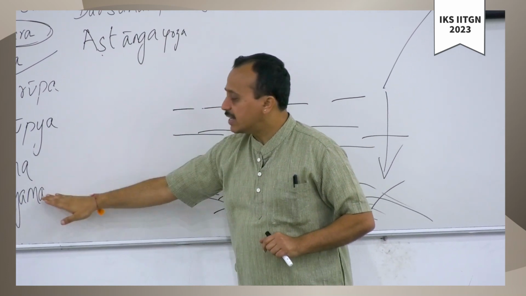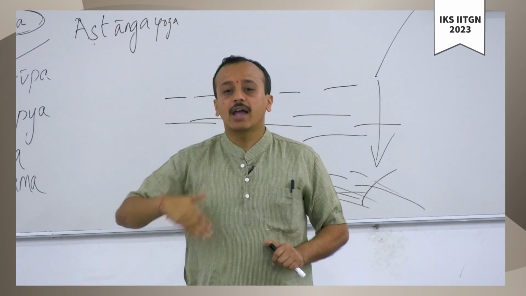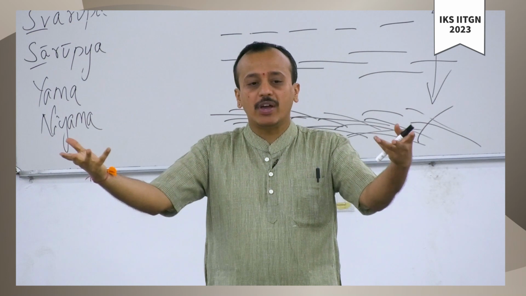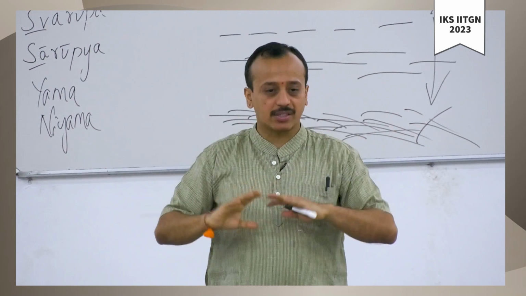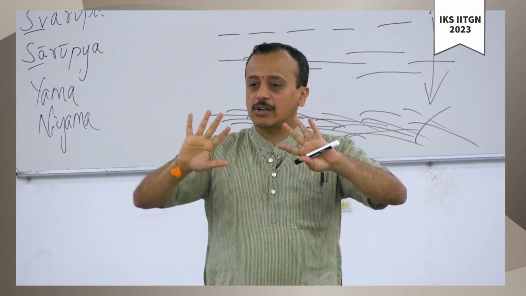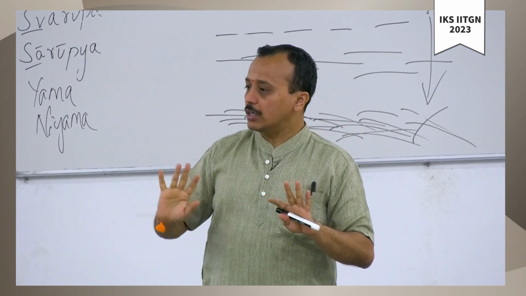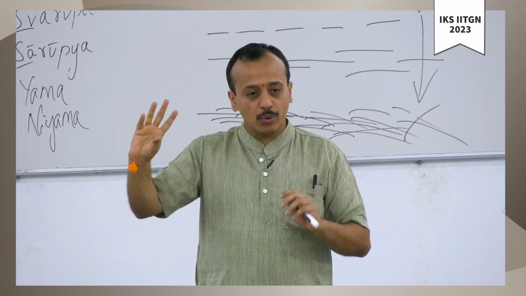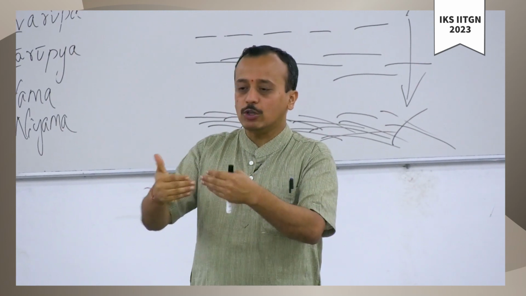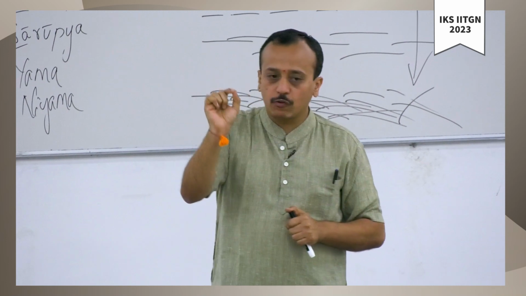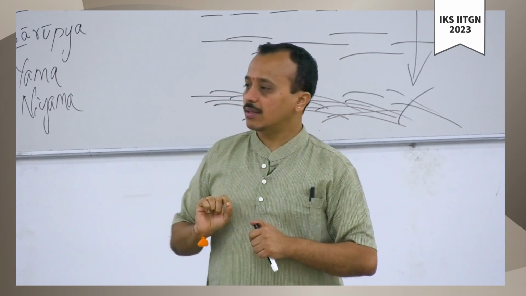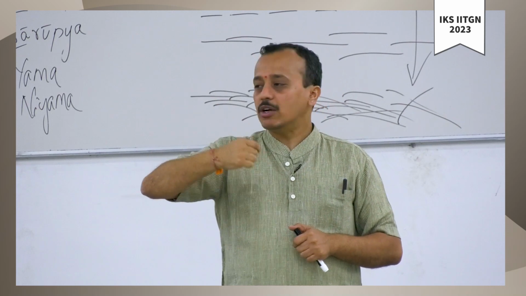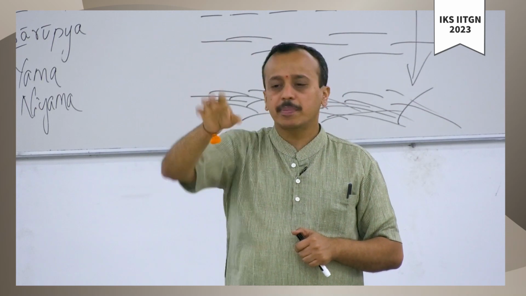So then you have yama, niyama, pranayama, and then an important concept called pratyahara, whereby the mind is drawn inwards. The senses, which are normally outward going towards their respective objects, here there are suggestions as to how they can be turned inside. And then you have dhyana, where it gets focused on one particular object, and then samadhi, where the individual mind or the individual completely gets absorbed in that object.